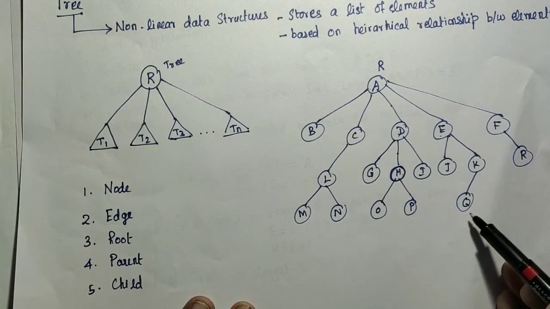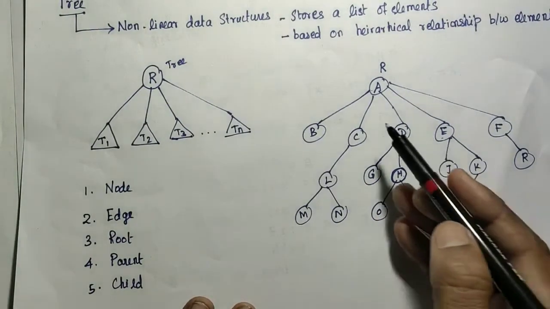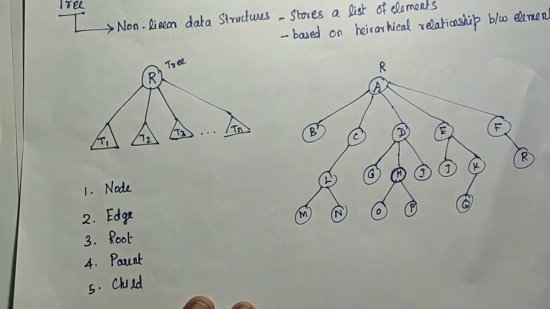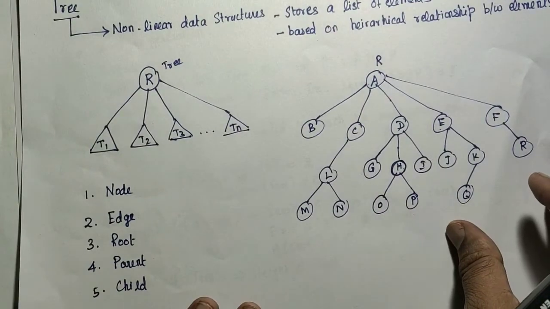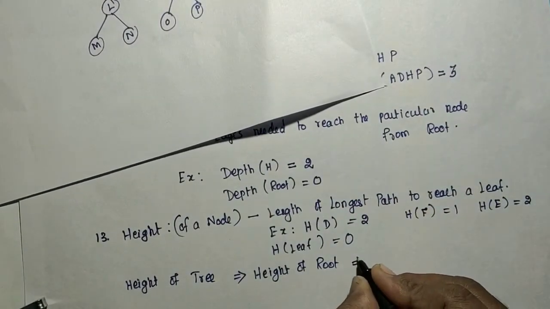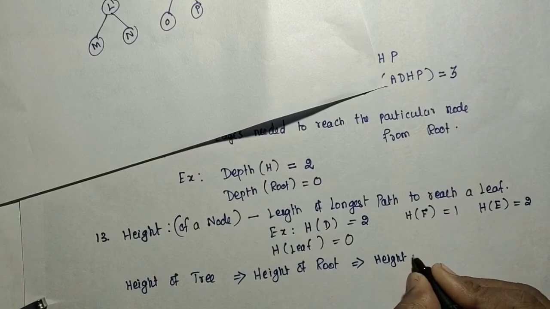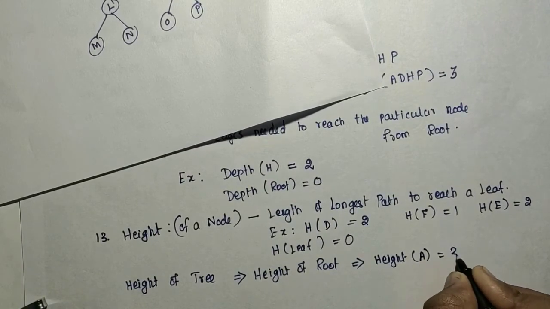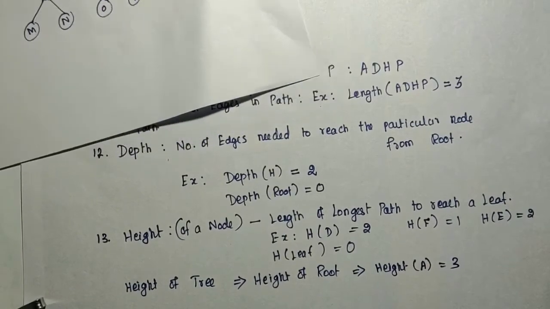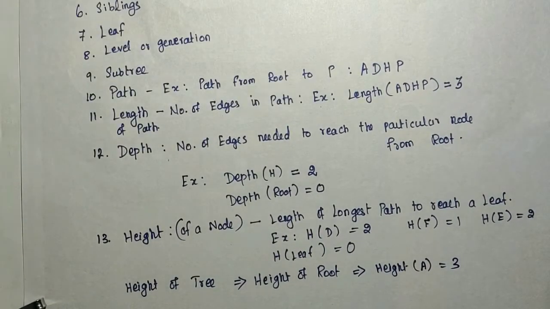M and P. So 1, 2, 3. So I can say that the height of the root is 3. Correct? So the height of the tree is nothing but the height of the root node.